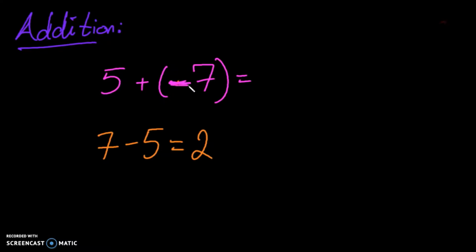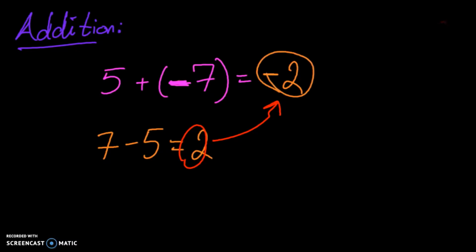The bigger number has a negative. So we write 2, our answer from here. And the bigger number has a negative sign, so we just add the negative sign. And this is the answer.